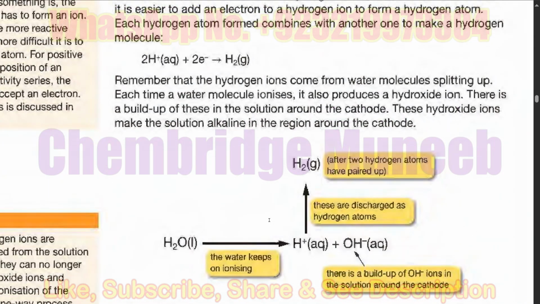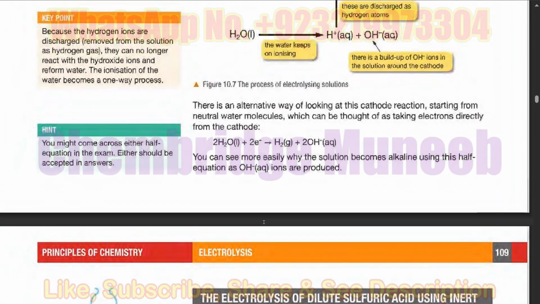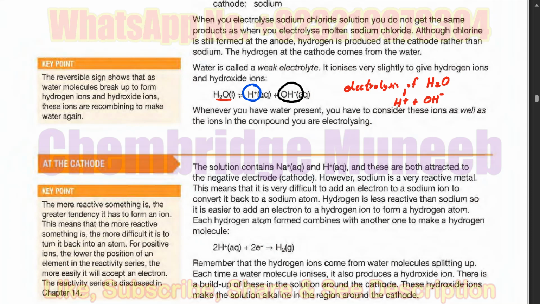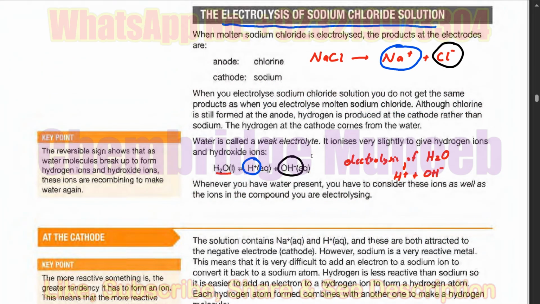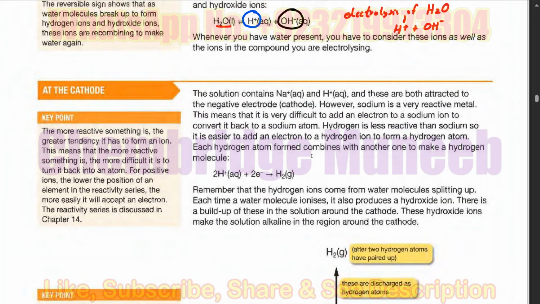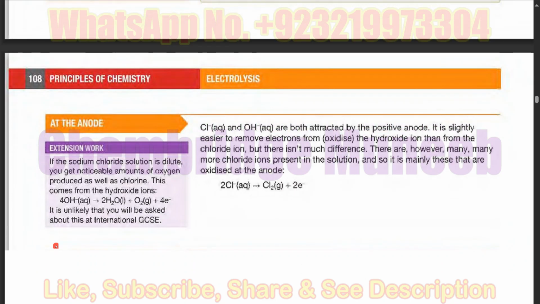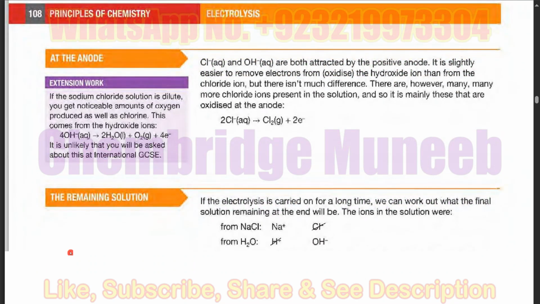For this purpose, we use the reactivities of the cations and the anions. We have to use those values to determine which of these ions will be discharged. That is a different topic, and I will explain it in the next class.